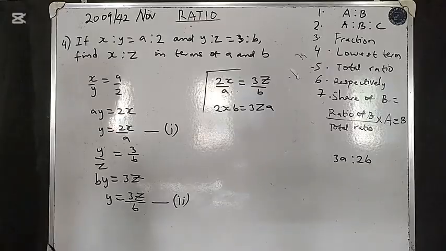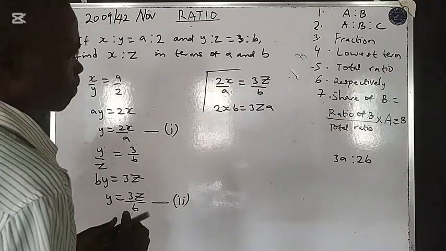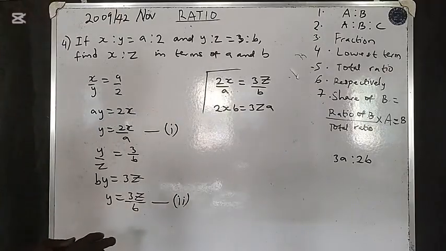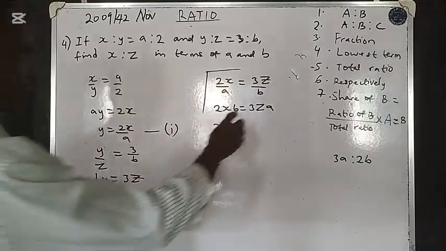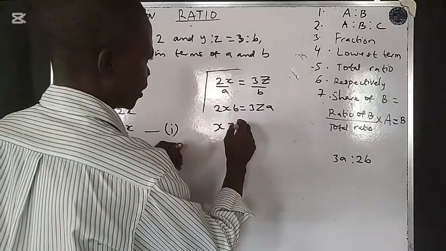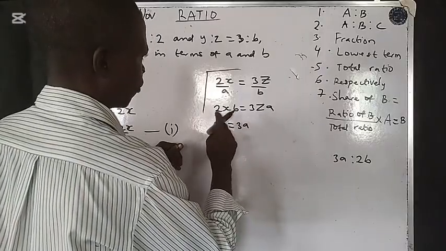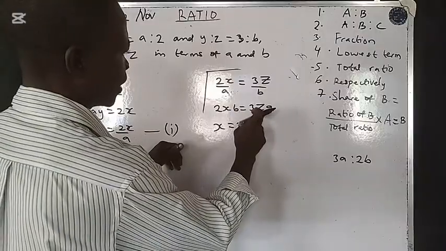So we have to find X ratio Z in terms of A and B, right? So X ratio Z. You can see that X will be 3A, because I'm looking for X ratio Z, right?